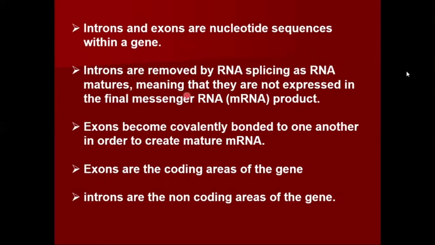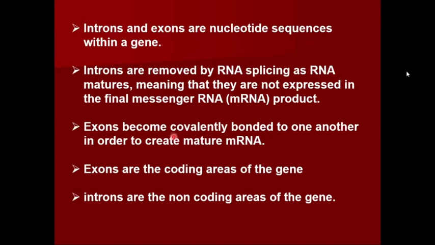This means to say that introns are not expressed in the final messenger RNA product. That means to say that the mature messenger RNA does not contain introns anymore. They only contain exons.